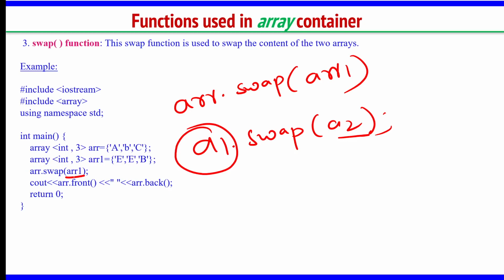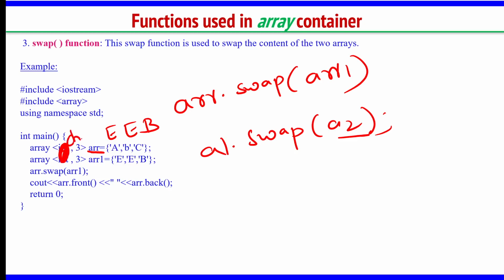After swapping, because of this statement, this arr content also becomes EEB. So, for easy understanding, let us put this as character only, both of them. So, arr.front means E, arr.back means B. That is what is about swap function.